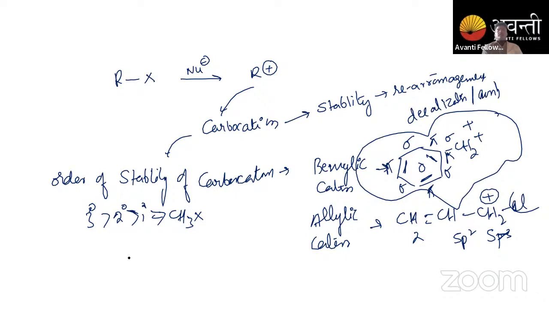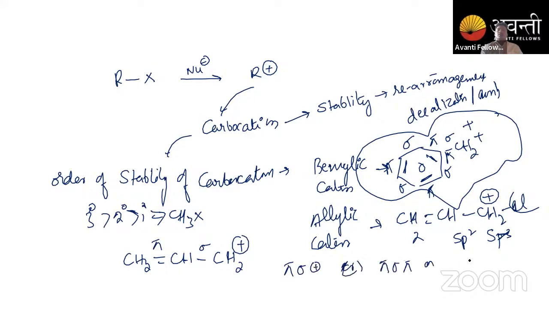Again, for the allylic cation, I am going to write here CH2=CH-CH2+. Again, here you have a positive charge next to sigma and pi. So whenever you have pi-sigma-positive, or pi-sigma-pi, or pi-sigma-negative, or pi-sigma-free radical, these have more stability because they have very good conjugation.